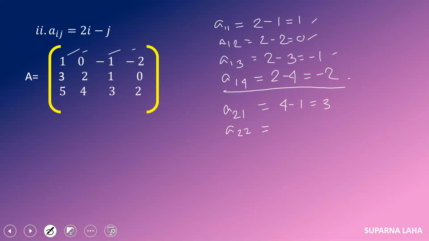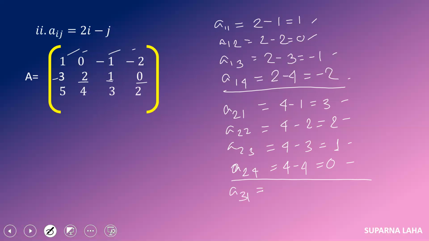A22: 2 twos are 4 minus 2, that means 2. A23: 2 twos are 4 minus 3, 1. A24: 2 twos are 4 minus 4, that means 0. So the second row is 3, 2, 1, 0.